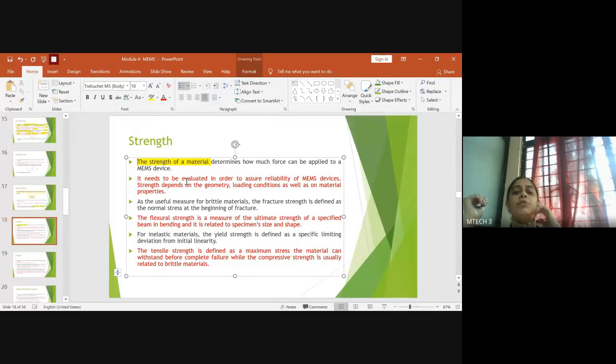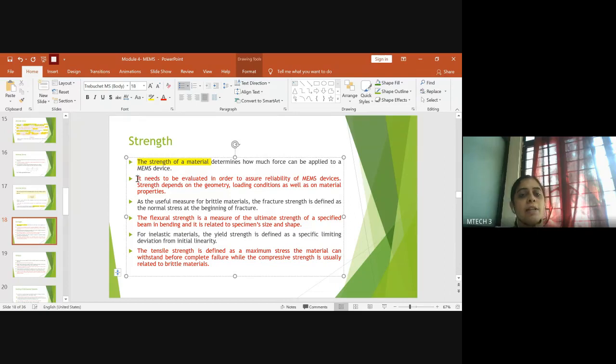In that way you can check the strength of a device irrespective of the stiffness of the material.